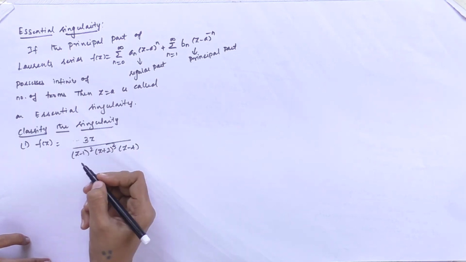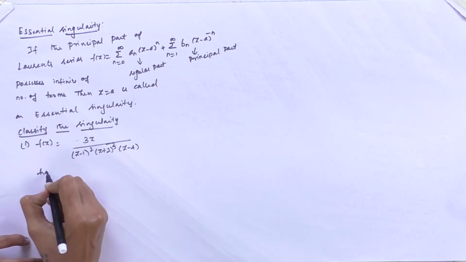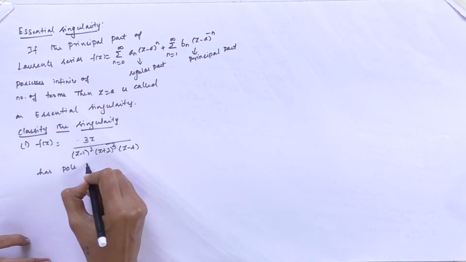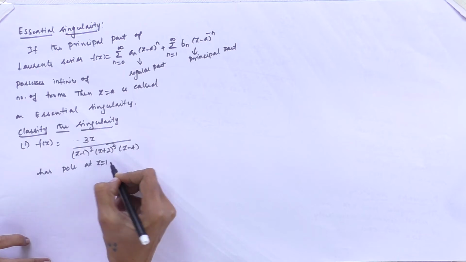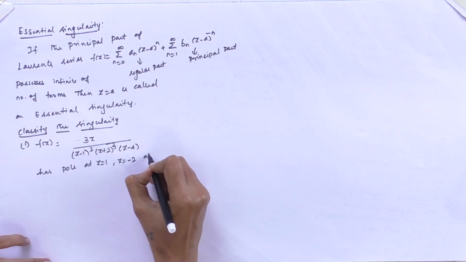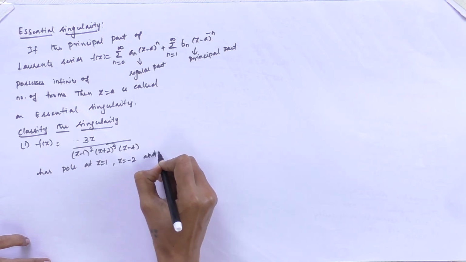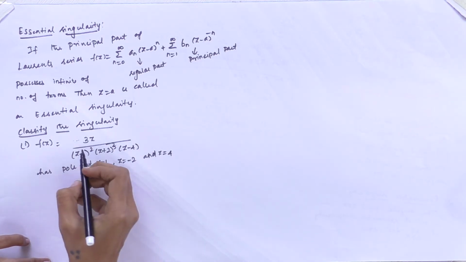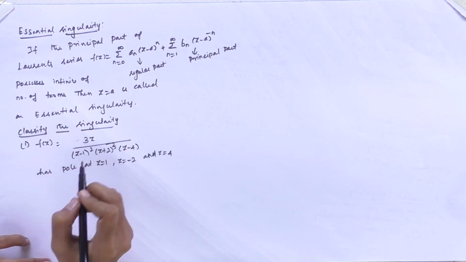So this function has poles at z equal to 1, z equal to minus 2, and z equal to 4. When I take z equal to 1, the denominator becomes 0.